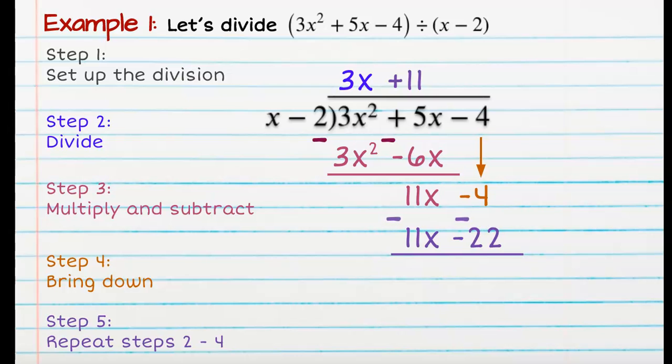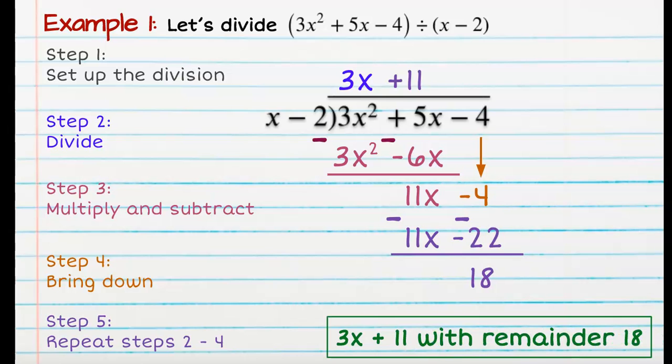Be careful with your subtraction. 11x minus 11x cancels like we wanted. And now negative 4 minus negative 22 is 18. And there's nothing left to bring down, so our process is finished. Our result is 3x plus 11 with a remainder of 18.